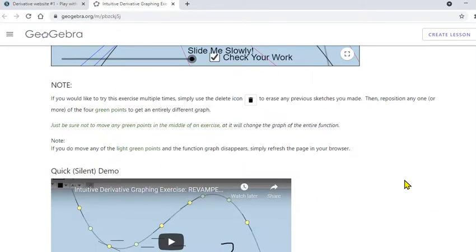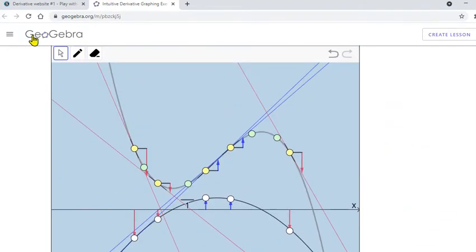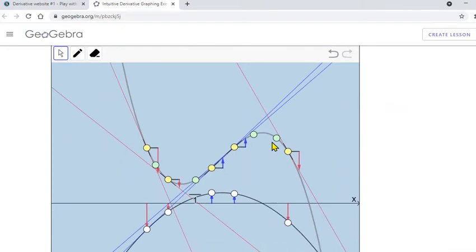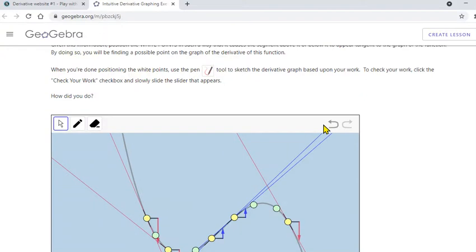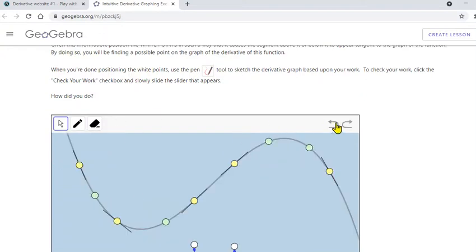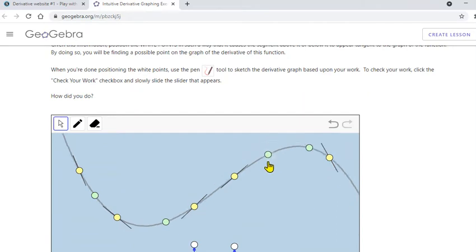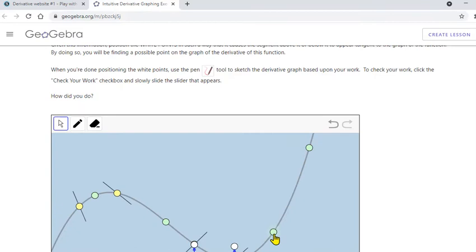And what's fun is you can also, before you do that, so let me reset. You can go ahead and change your function to whatever you want.